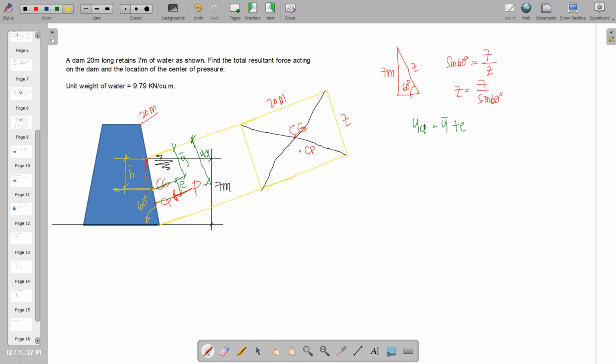And then for Y bar, from the center of gravity up to the liquid surface along the inclined or along the submerged plane surface, but this time we have an inclined, so therefore this is our Y bar.